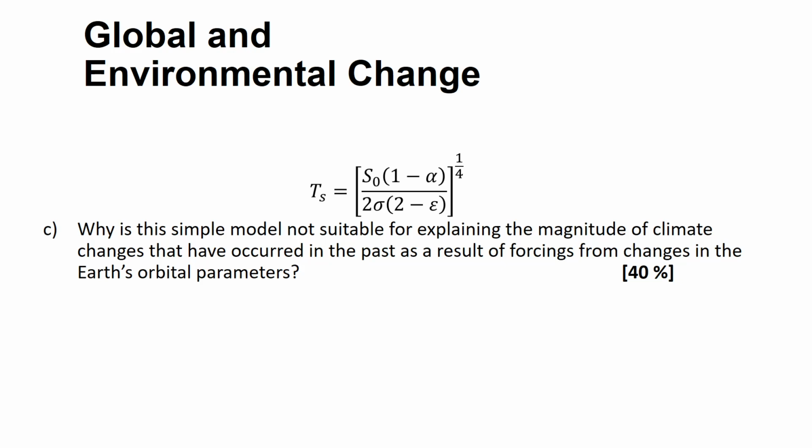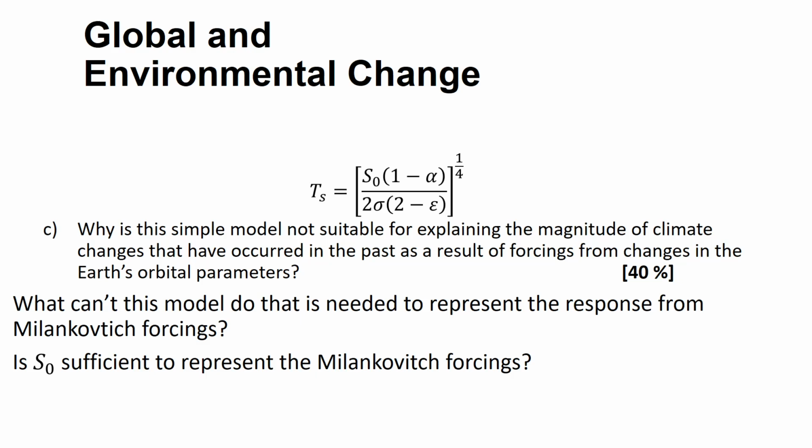So thinking about writing this question in another way, really what I'm trying to ask here is, what can't the model do? What is missing from the model to allow us to properly reconstruct the climate changes that have occurred due to these Milankovitch forces?